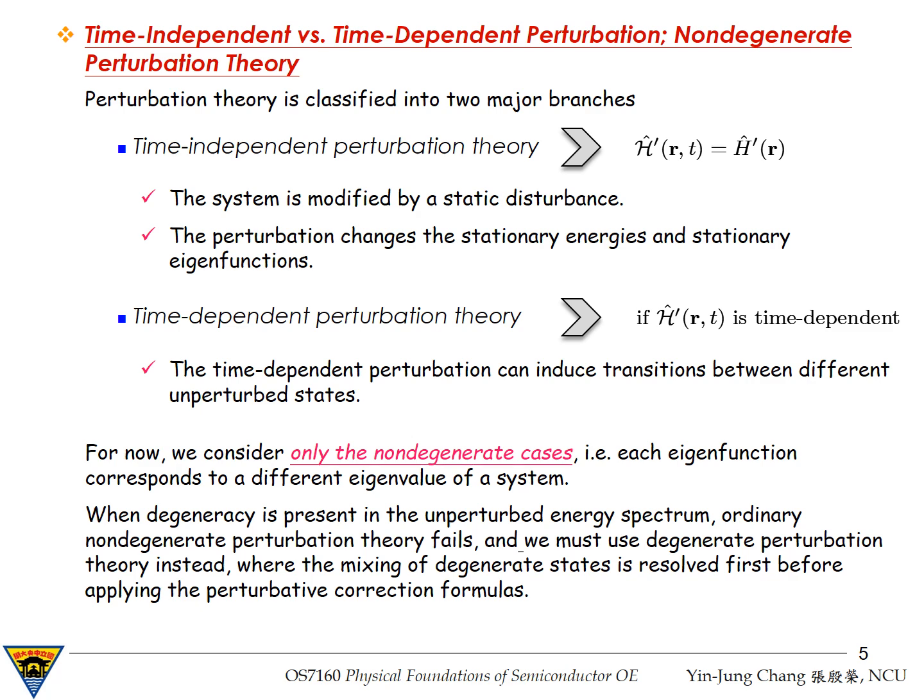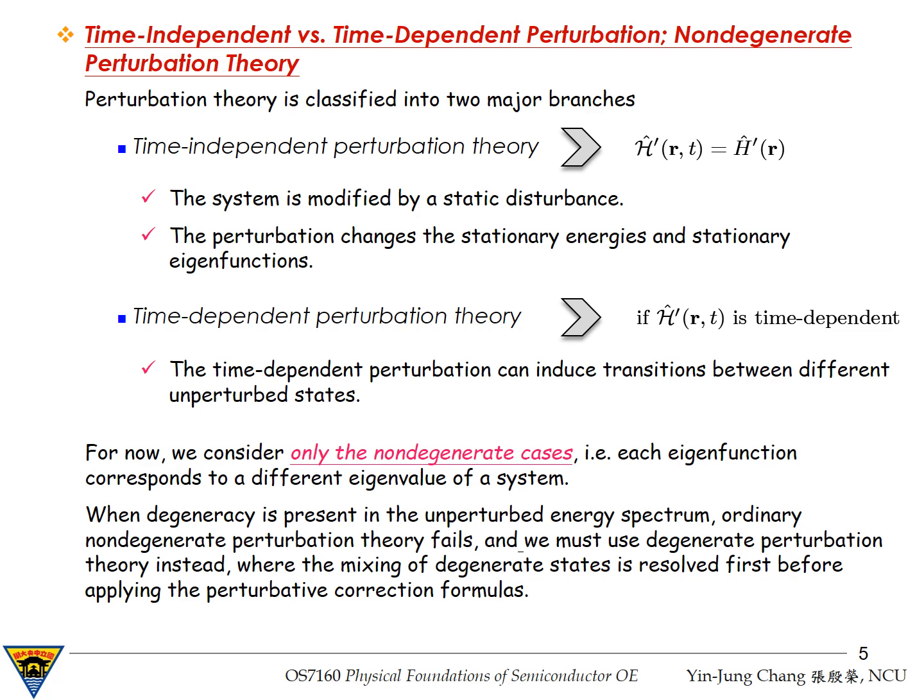When degeneracy is present in the unperturbed energy spectrum, ordinary non-degenerate perturbation theory, which we will be studying in this chapter, breaks down because the denominators involving energy differences can become problematic, and we must use degenerate perturbation theory instead. In degenerate perturbation theory, the mixing of degenerate states is resolved first before the perturbative correction formulas can be applied.